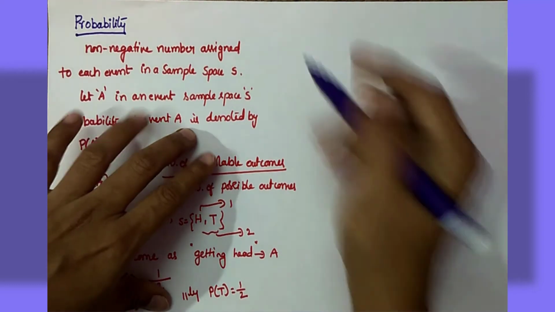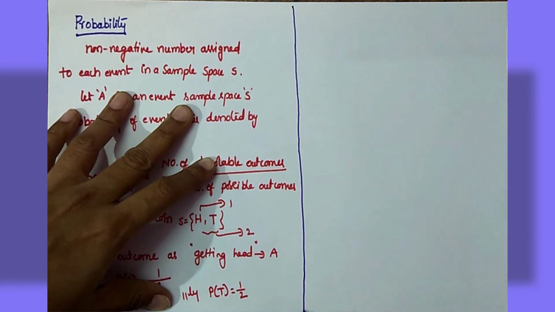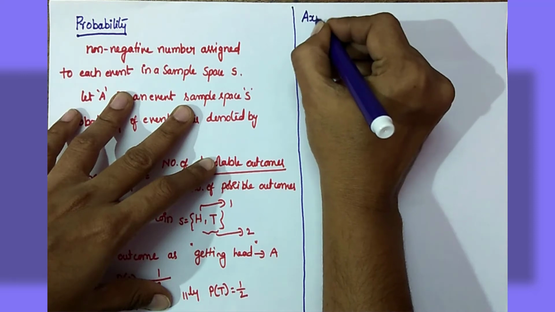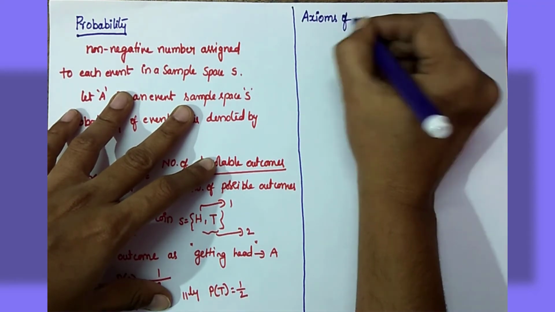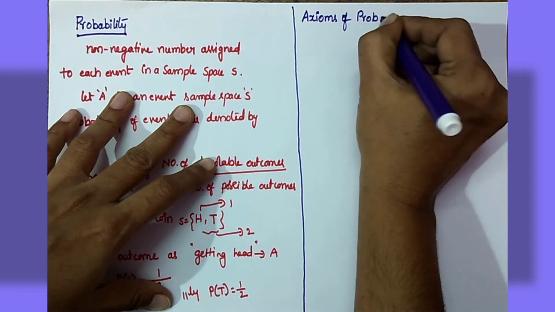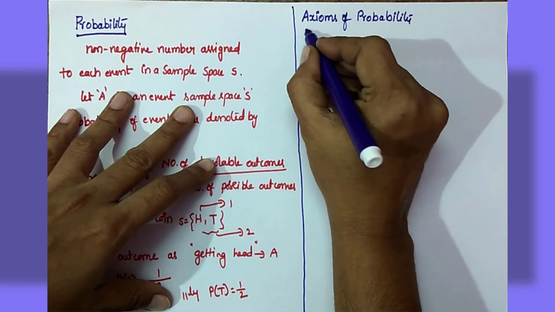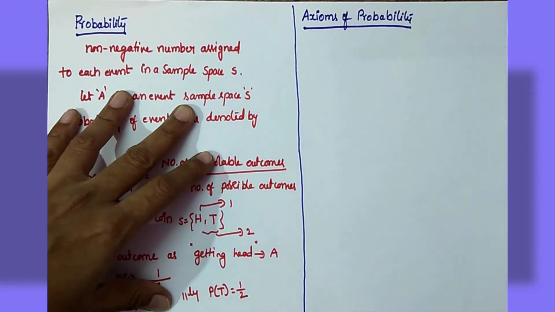Then we'll see the axioms of probability. What is the meaning of axiom? Axiom means truth.